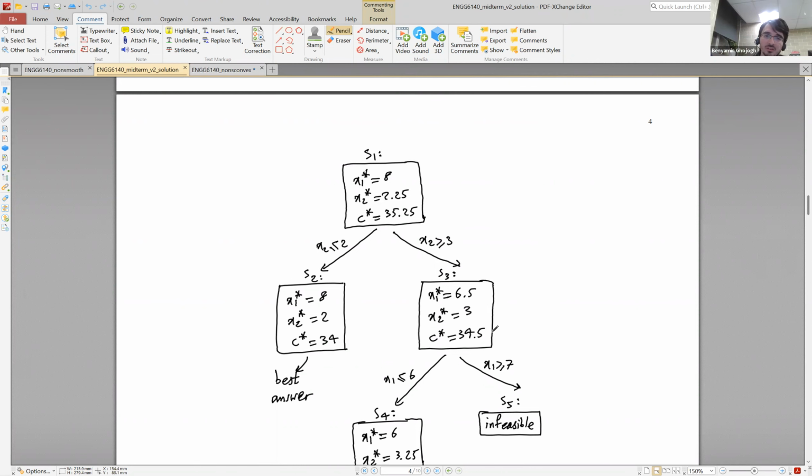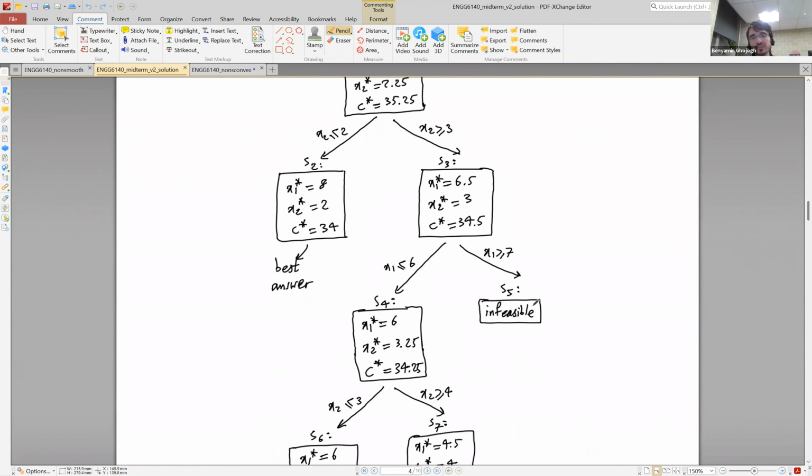Comparing S2 and S3, we know that S3 can be continued. However, we don't need to continue that because we know that the solution to subproblem 3 or the solutions of the children of subproblem 3 are worse than this level of the tree. And as in this level of the tree we have found an integer solution for the variables, we know that this will be the best answer.